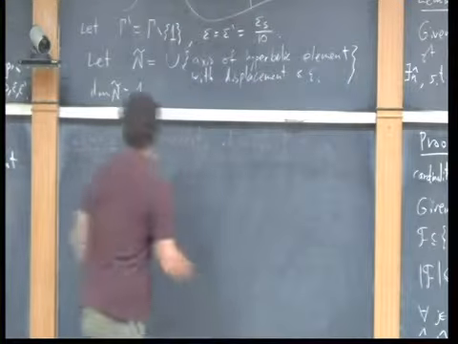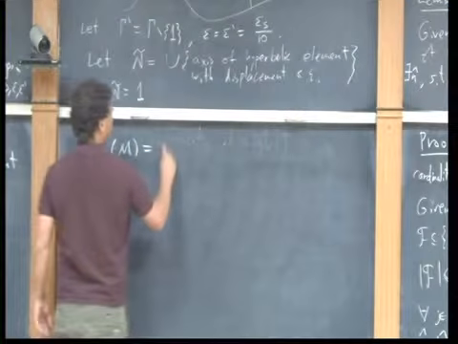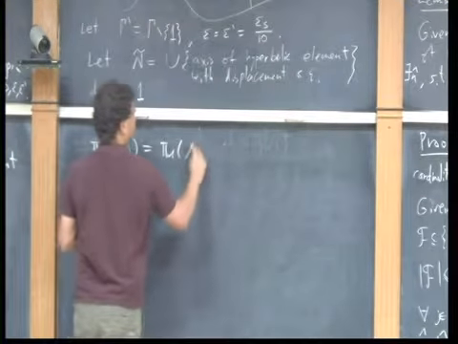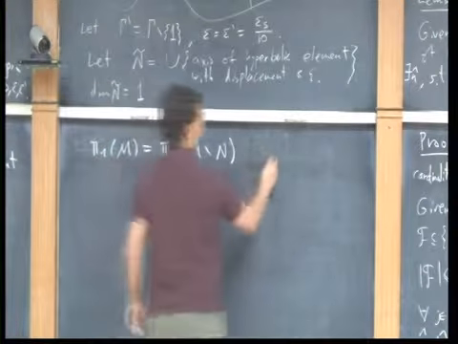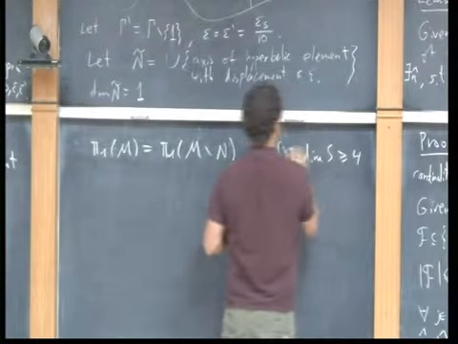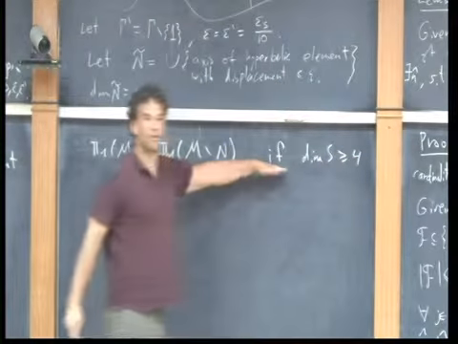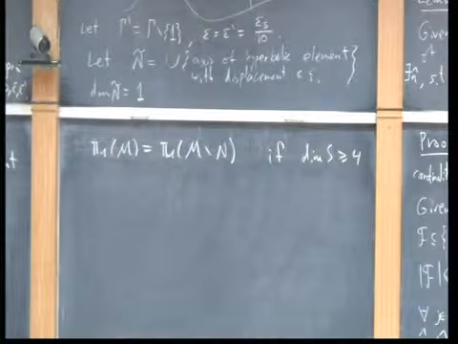So we see that pi 1 of M is the same as pi 1 of M minus N, if the dimension of M is at least 4. And here you see that's why I need the dimension at least 4. If you throw out from a 4-dimensional manifold a 1-dimensional line, a geodesic, you don't change its fundamental group.